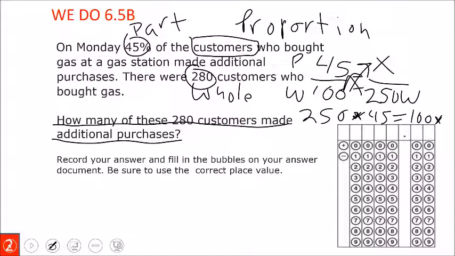Now we're going to do our multiplication. 250 times 45. 5 times 0 is 0. 5 times 5 is 25. 5 times 2 is 10 plus 2 is 12. Now we're going to hold our spot. 4 times 0 is 0. 4 times 5 is 20.